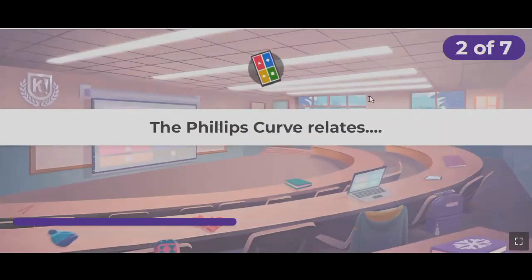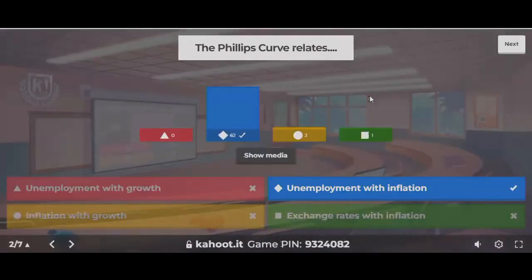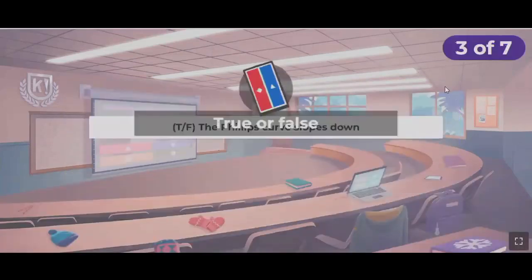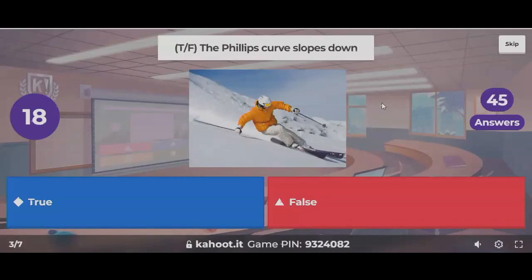Next, the Phillips curve relates what two variables? Of course, it is inflation and unemployment. True or false? The Phillips curve slopes downwards.